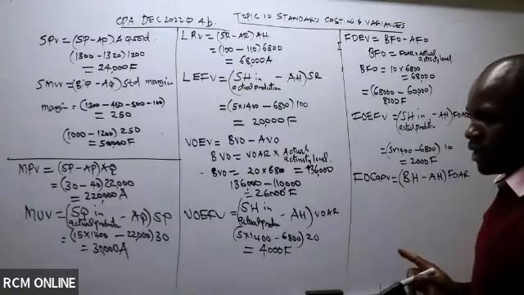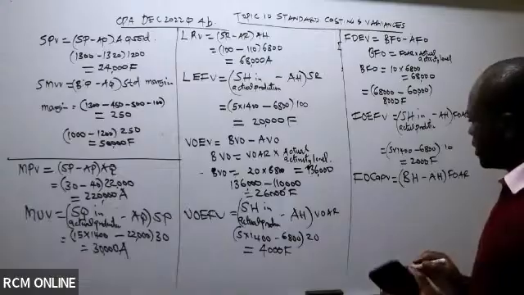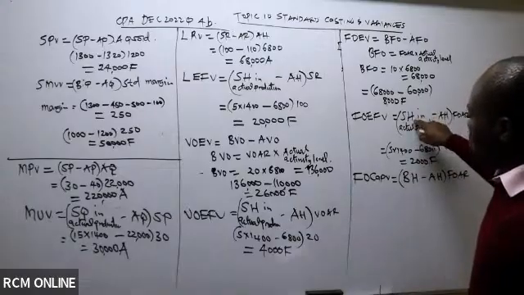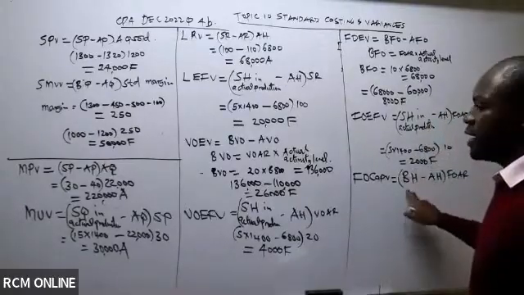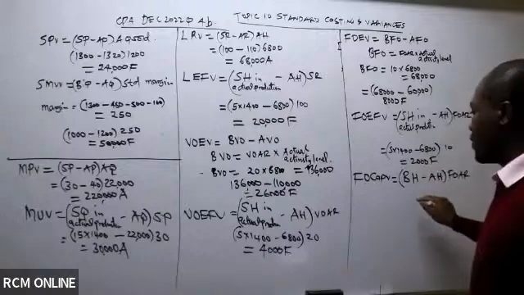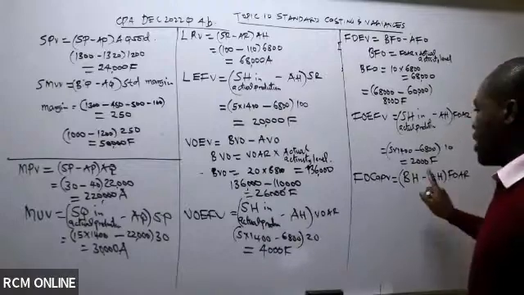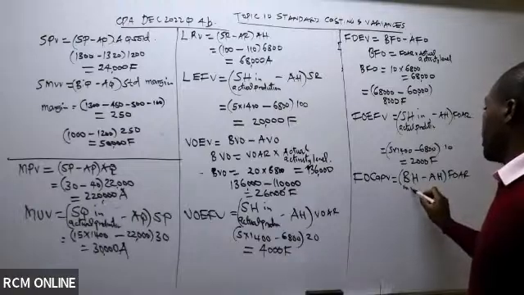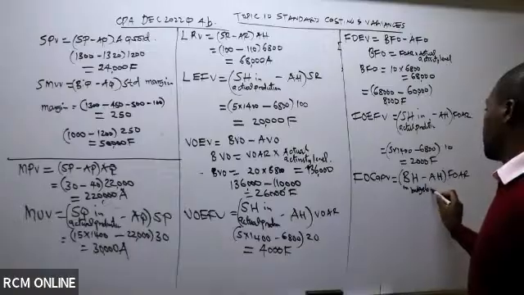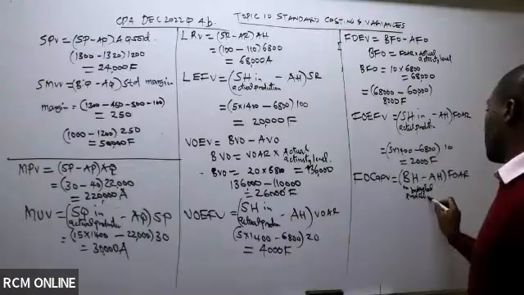The only difference is, under the efficiency variance we are talking about standard hours in actual production, while here it is standard hours in standard or budgeted production. So that's why we talk about budgeted hours in budgeted production. I think this will make sense.